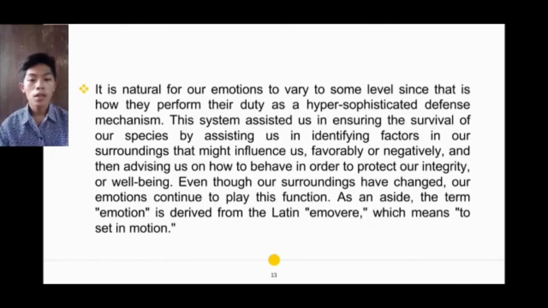Even though our surroundings have changed, our emotions continue to play this function. As an aside, the term emotion is derived from the Latin word emovere, which means to set in motion.